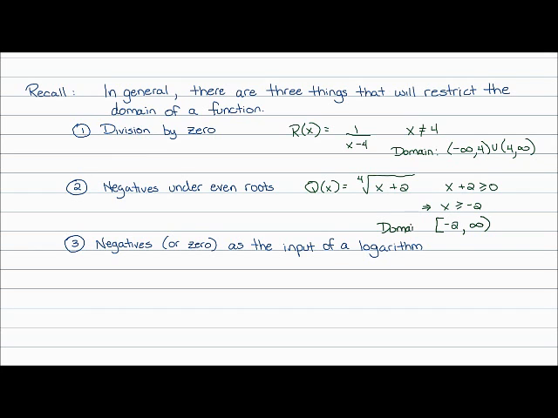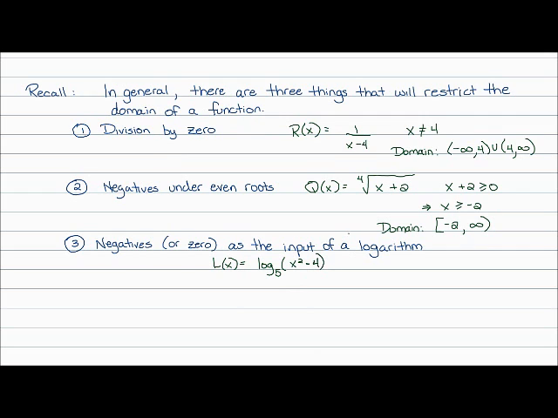And then finally, the very last function here, I can't have negatives as the input of a logarithm, nor can I have 0 as the input of a logarithm. So if I said that, let's say, L of x is equal to the log base 5 of x squared minus 4.